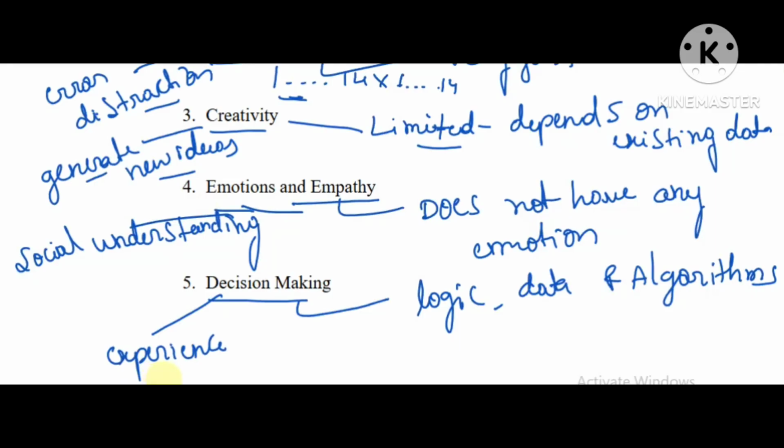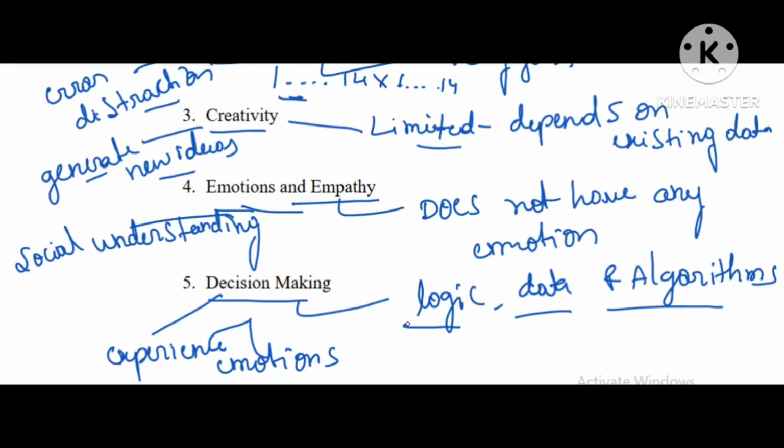Emotions and experience also matter while taking decisions. But machines depend only on the logic we train, the programming, the training data, and the model we trained. Based on that they are capable of decision making.